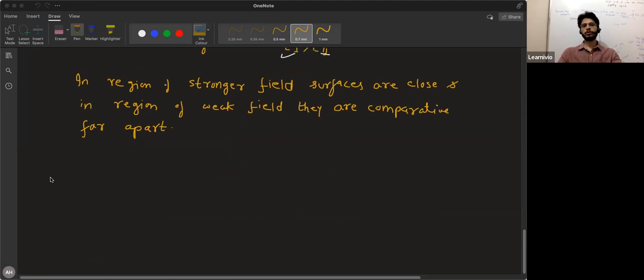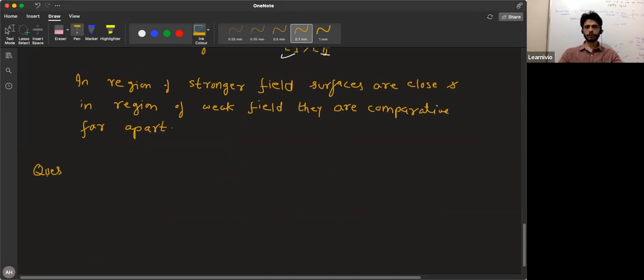So we have 3 to 4 types of questions based on equipotential surface. Question 1 is, draw equipotential surface for the following.